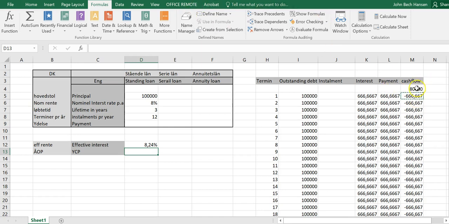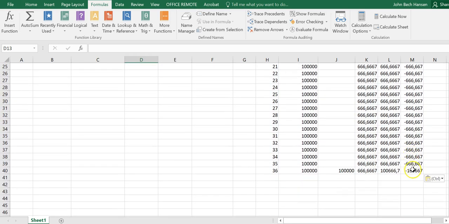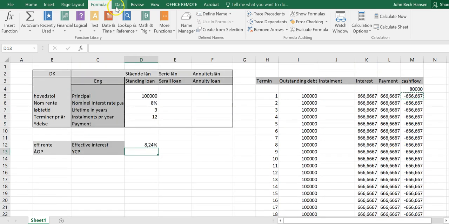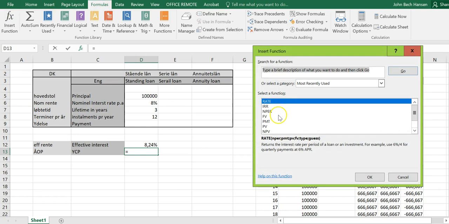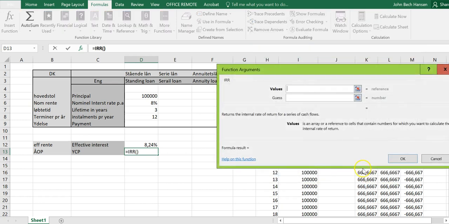And when the cash flow is like this, a different cash flow, the payments are different, I will use a special formula in Excel, and that is, I'm not sure if it's the IR. So this is the series of cash flow.